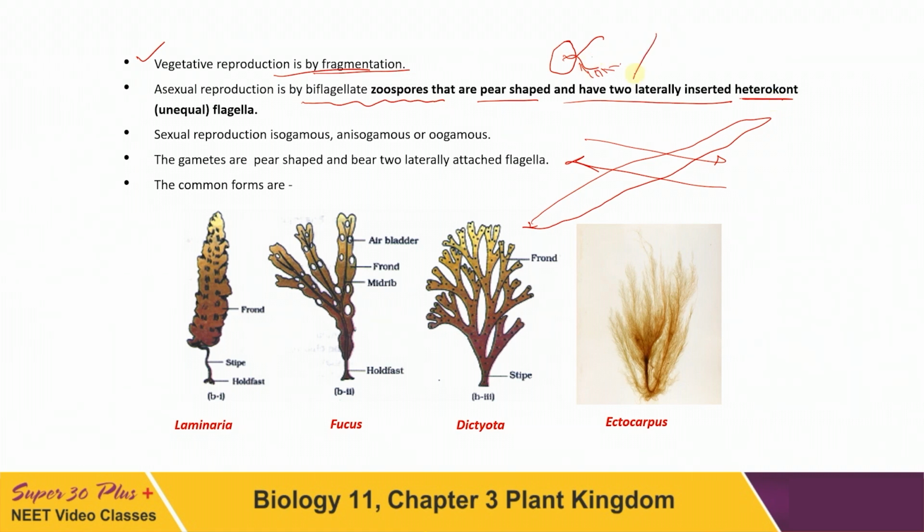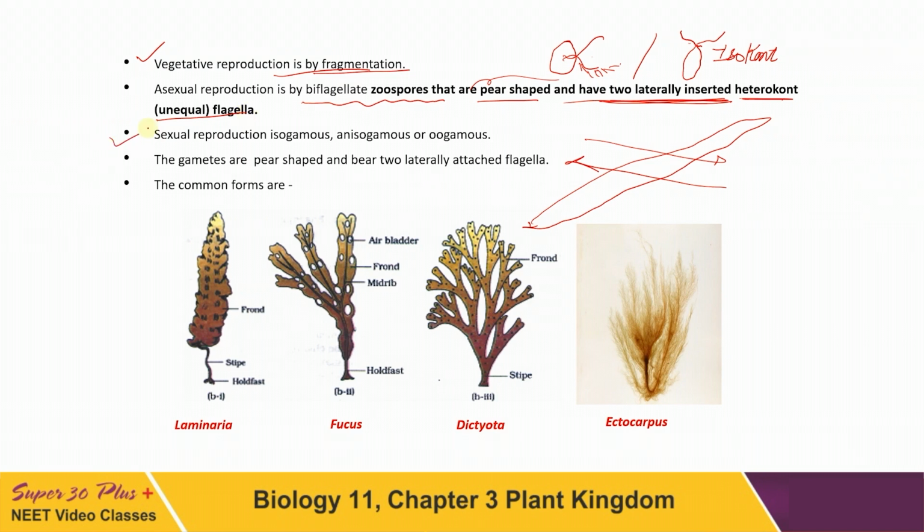If you compare with green algae, the flagella on the zoospore were apical, and both were isocont. You have to remember here: biflagellate zoospores, pear-shaped, with laterally inserted, unequal flagella, right?